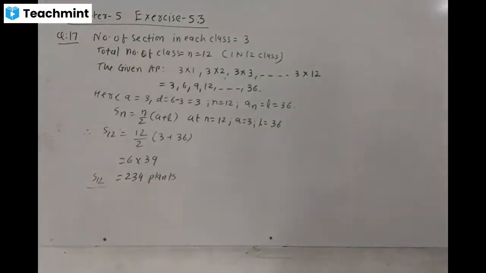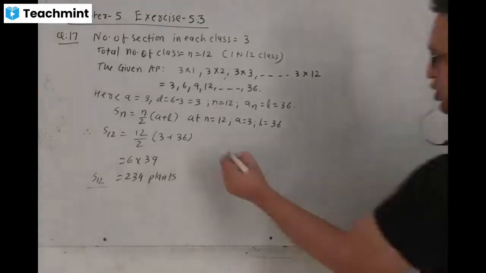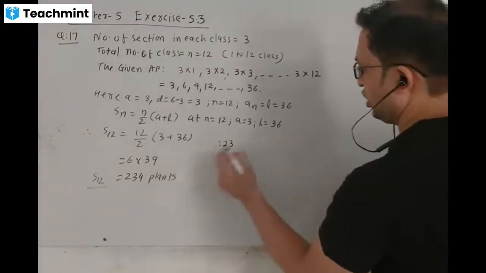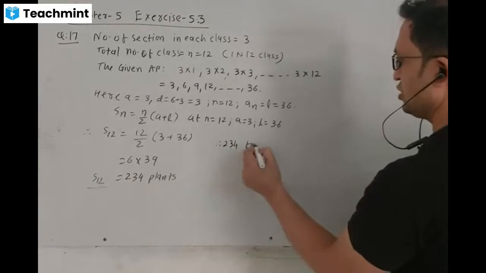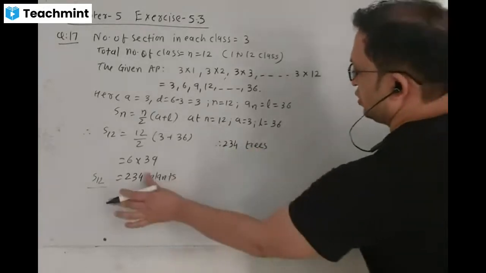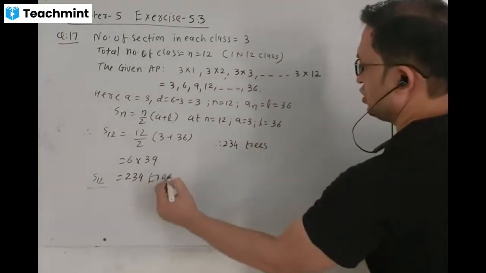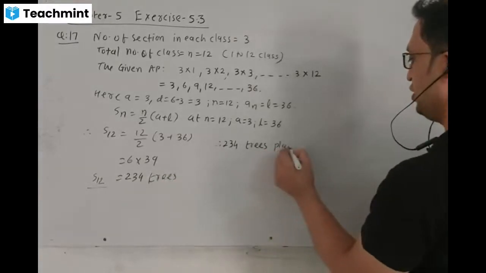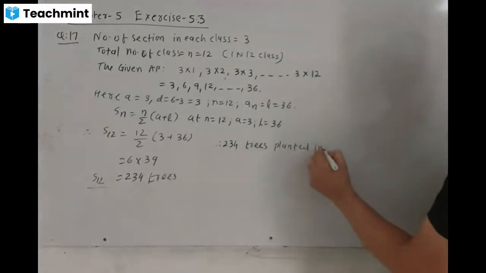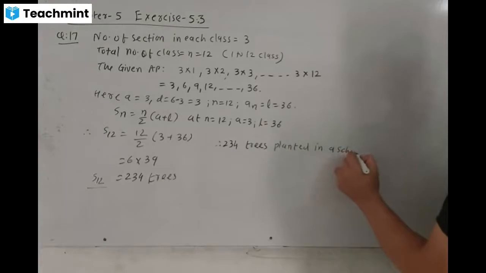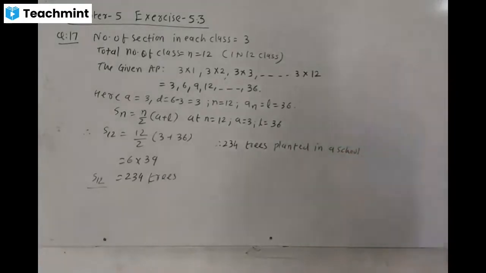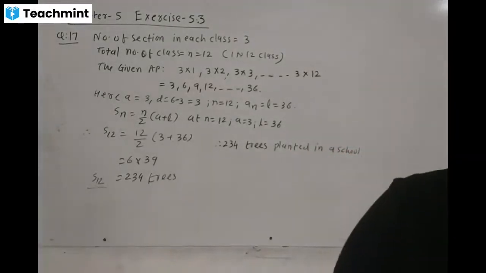Total number of trees will be planted by the students. Therefore, 234 trees planted in a school.